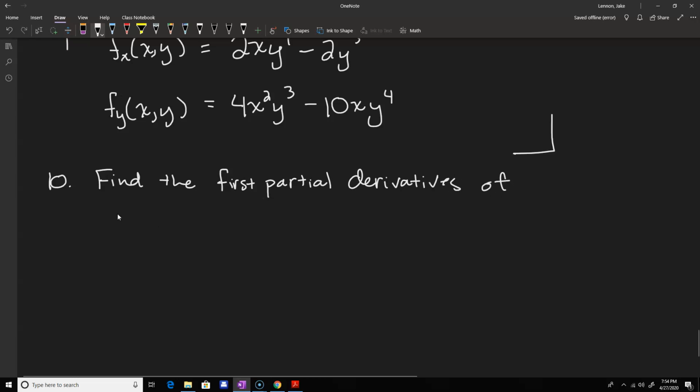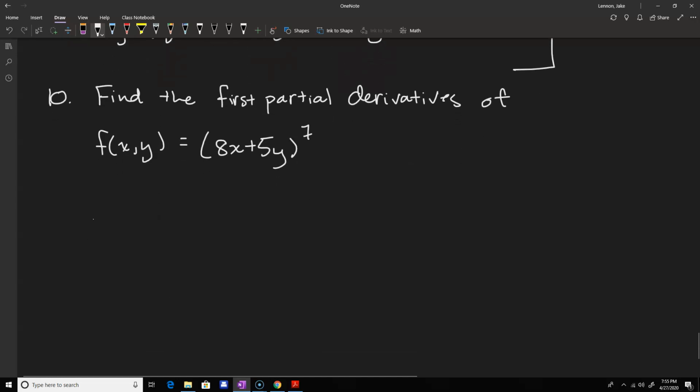Of, let's say, f of xy is equal to 8x plus 5y to the 7th. So for the x partial derivative, for both of them, basically what we're going to have to do is set up a chain rule.